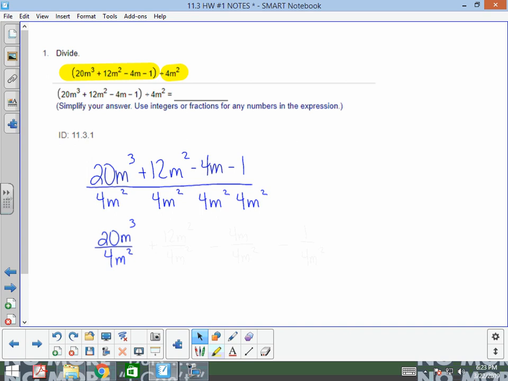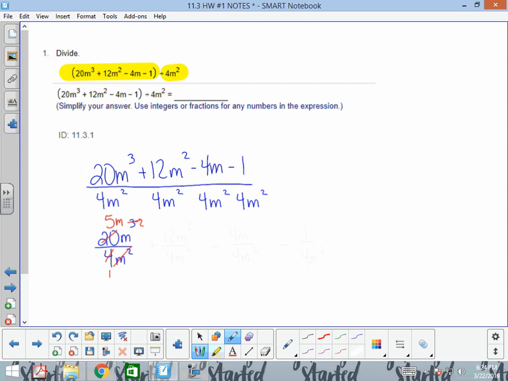So 20m cubed divided by 4m squared. So the 20 and the 4 both divide by 4. And then m squared and m cubed, we can subtract those exponents and we get m to the first power. Okay, so the first term is 5m over 1, which is just 5m.